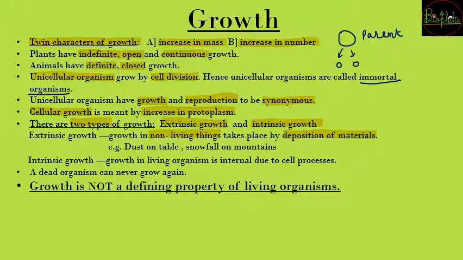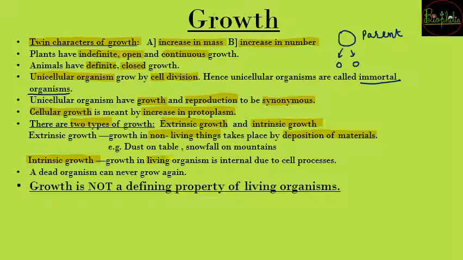Similarly, when snow collects on the mountains because of snowfall, it increases the height in the winters, whereas in summers the snow melts and the height decreases. So in extrinsic growth there is both increase and decrease, but in the intrinsic type of growth there is only increasing growth.